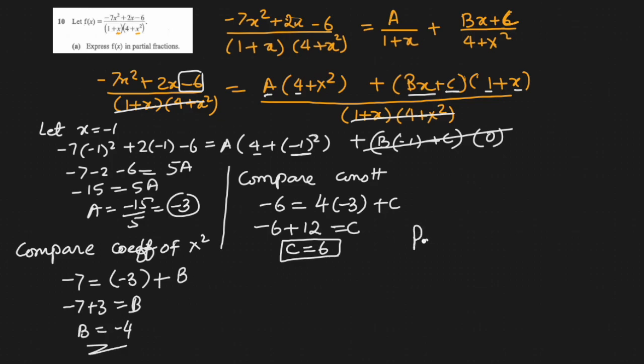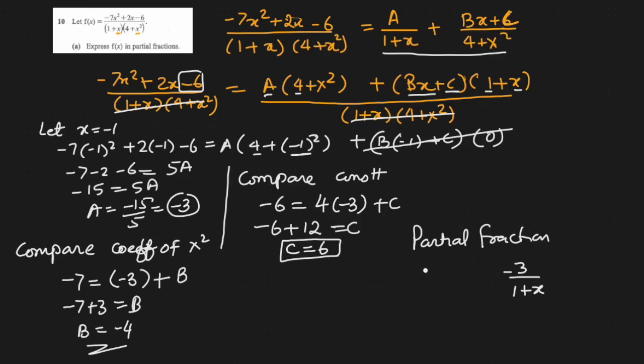So the partial fraction which they were asking is this. A is minus 3, so I will write minus 3 over 1 plus x. C is positive, so I'll write C first.